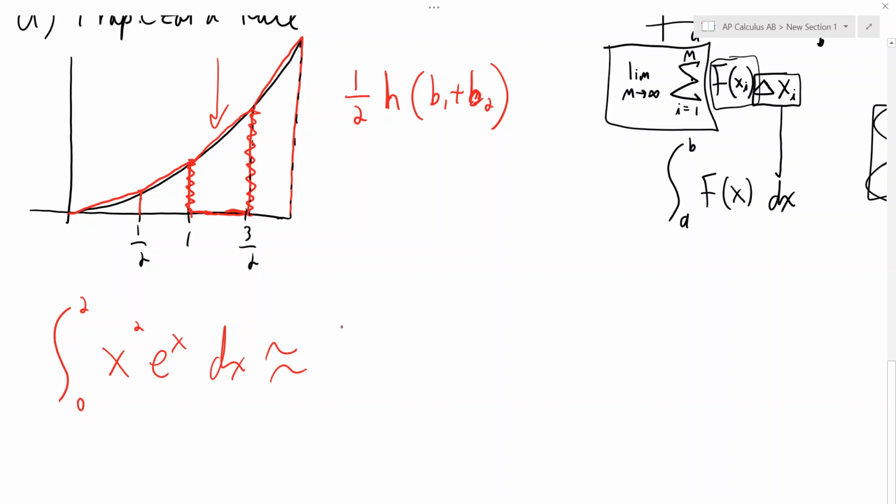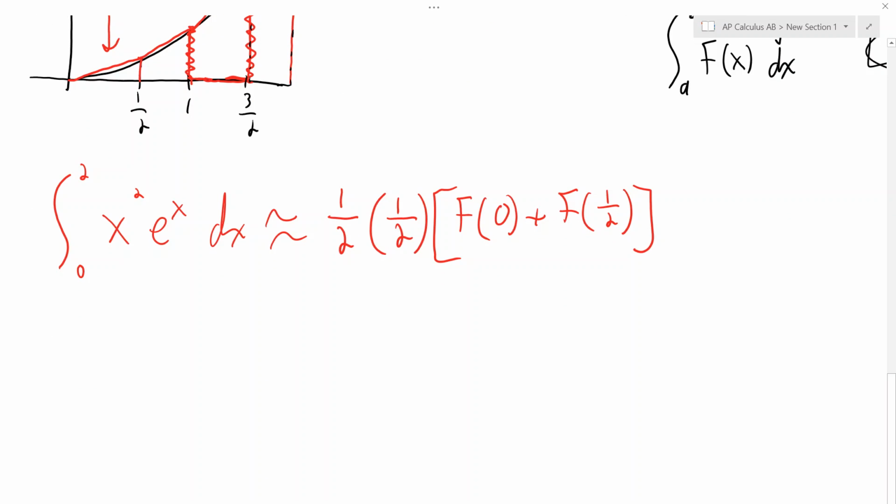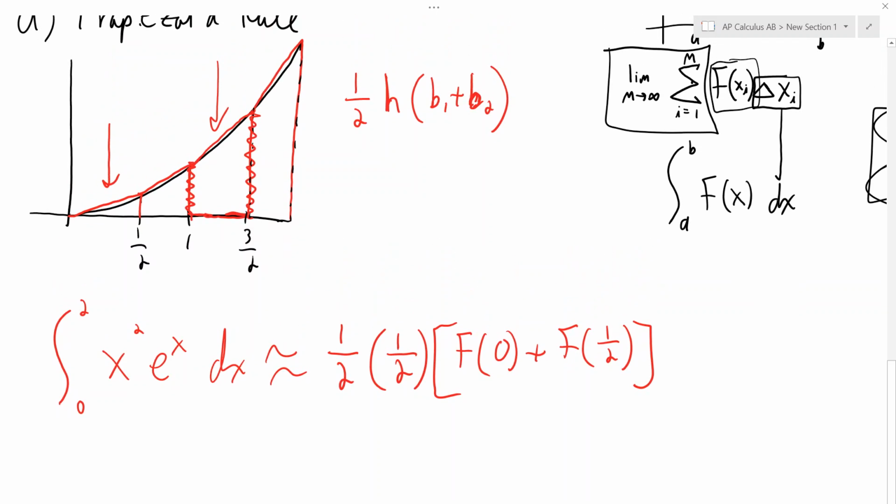So in this case, my very first trapezoid is 1/2 times the height, which also happens to be a half, times base 1, which is the y value at 0, plus the y value at a half. Everybody see what's happening? The 1/2 is there because that's the formula part, the height is a half, and the bases are the y values. Plus, I'm going to go down: 1/2 times the height of 1/2. Now we're doing this second one here.